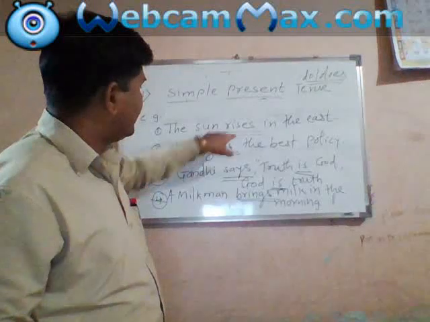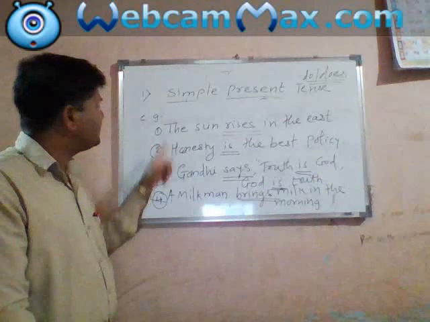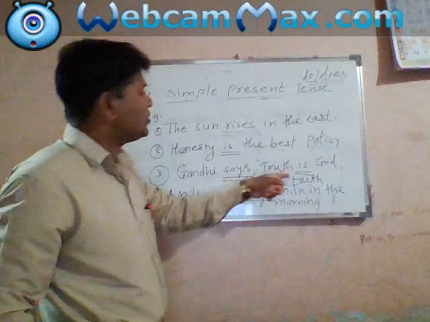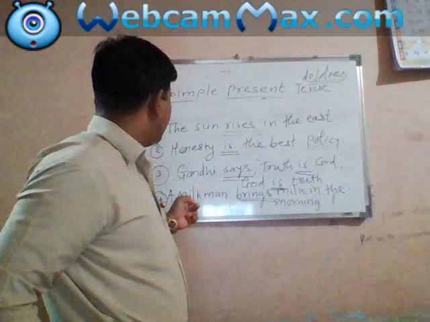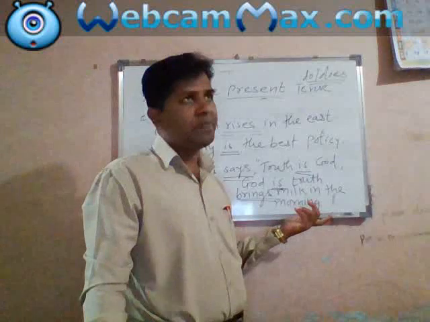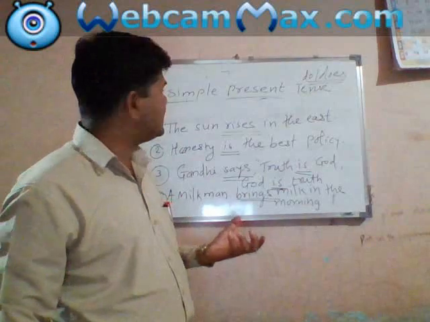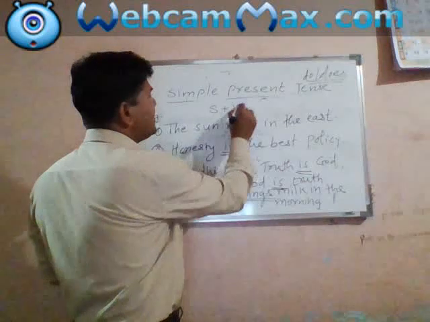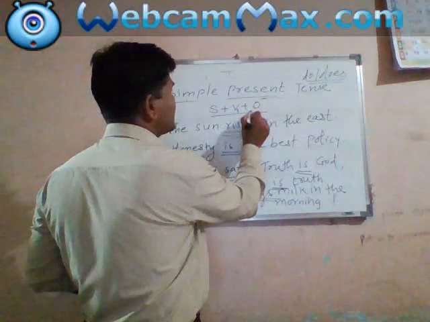And here, the sun rises in the east, it is a universal truth. Honesty is the best policy, it is a proverb. Gandhi says truth is God, God is truth, it is a great person's quote. And a milkman brings milk in the morning, it is a regular habit or regular action. So this is the usage of simple present tense, and the pattern of simple present tense is subject plus verb 1 plus object.